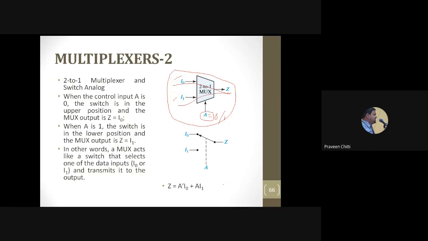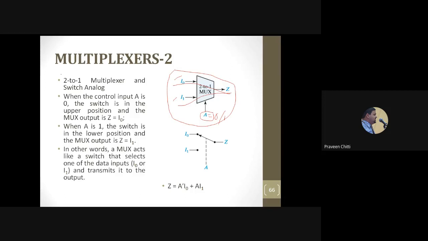So depending on the select line value, whether it is 0 or 1, one of the 2 inputs will be passed to the output. Either I0 or I1 will be passed to the output. Such a combinational logic circuit is called a 2:1 MUX.